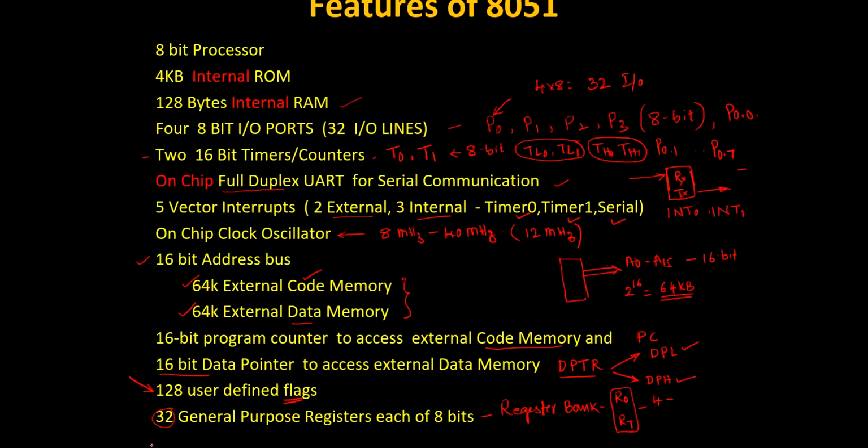So in that we have the working registers, some bit addressable memory area, and the general purpose memory area, which we also call scratch pad memory.